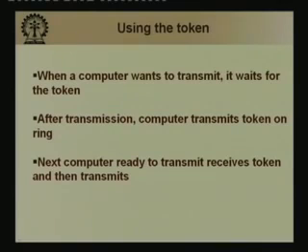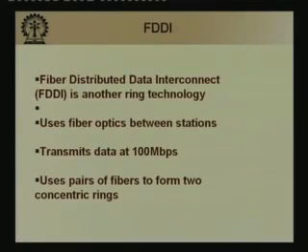By the way, token ring was originally a more common LAN technology, but then it fell into disuse. First of all, the token ring devices were less common, so they were more costly.